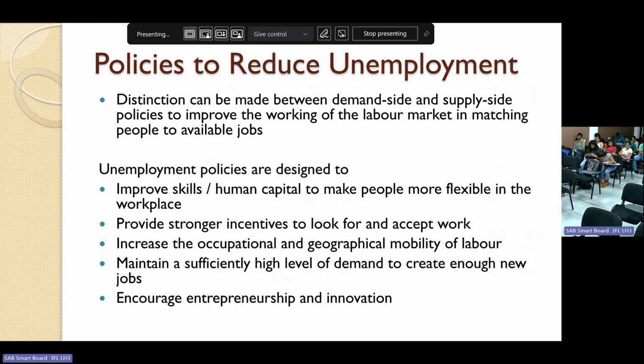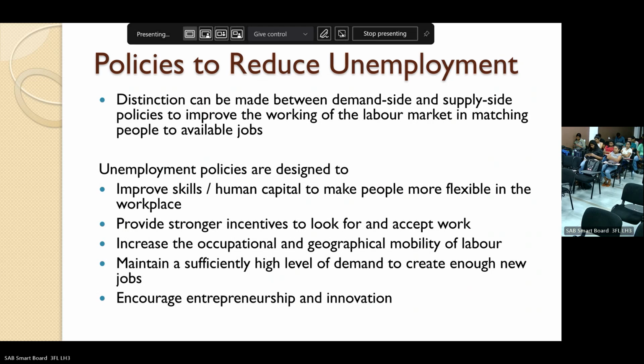And here I highlight some of the policies to reduce unemployment. We can design the policies to improve human capital and so on.